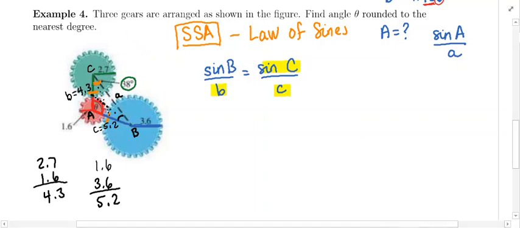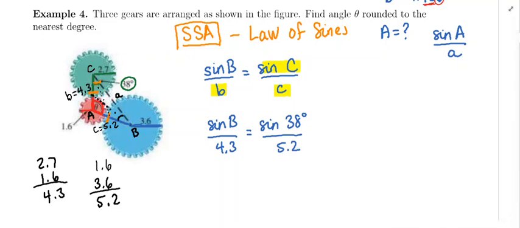So here we go. Sine of B, we're going to have to leave it as that because we don't know angle B, but we know that side length B is 4.3. That's got to equal the sine of angle C, which is 38 degrees, over side length C, which is 5.2. By solving this, we can get angle B.